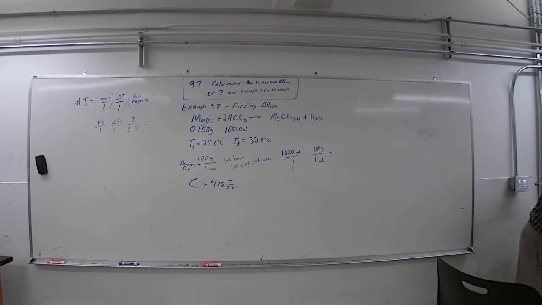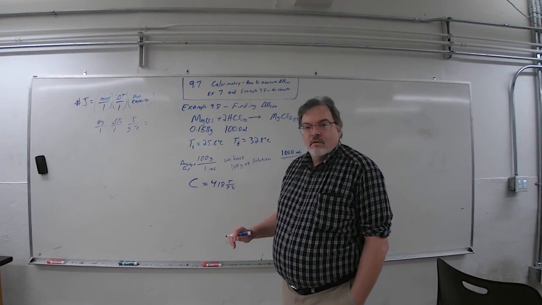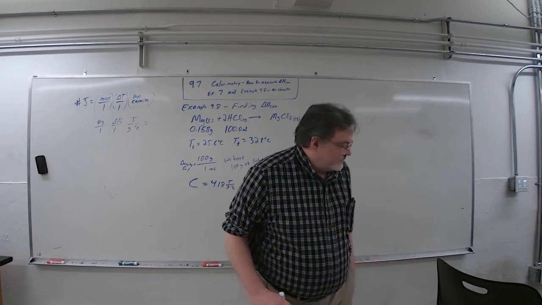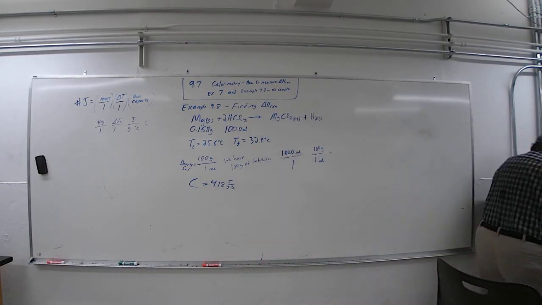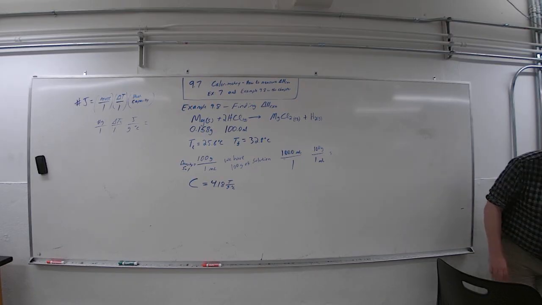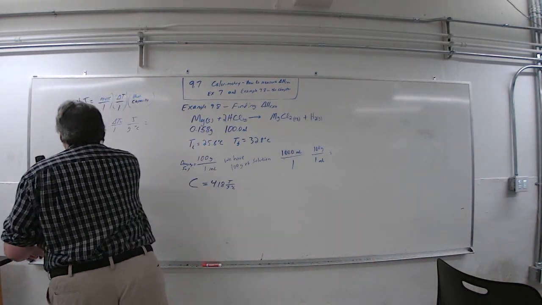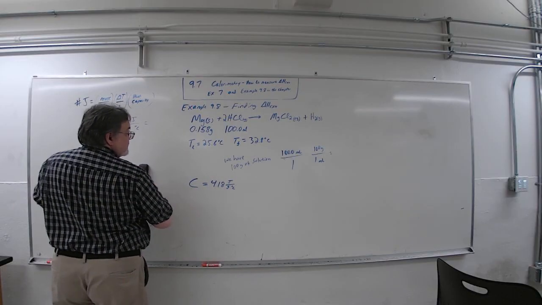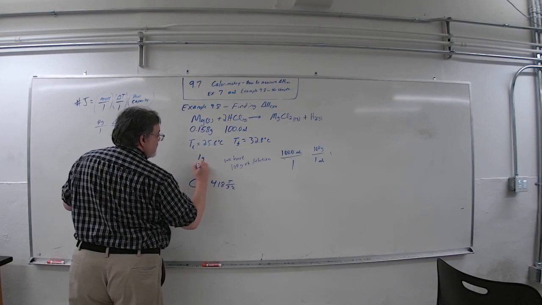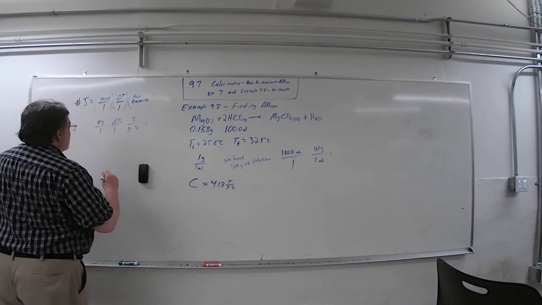The density is 1 gram per milliliter. Sorry, this was density is 1 gram to 1 milliliter. So we basically have 100 grams.